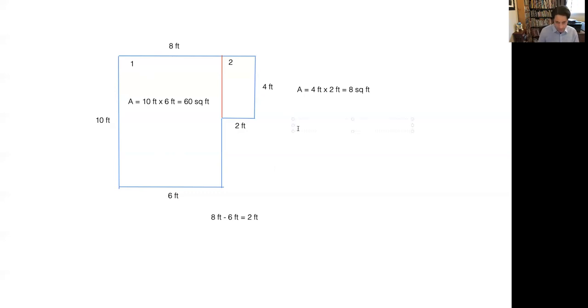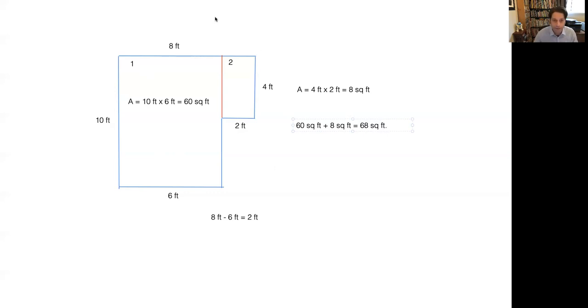So all I need to do is say 60 square feet plus 8 square feet equals 60 plus 8 is 68. And don't forget to put square feet. Okay. And then we are done.